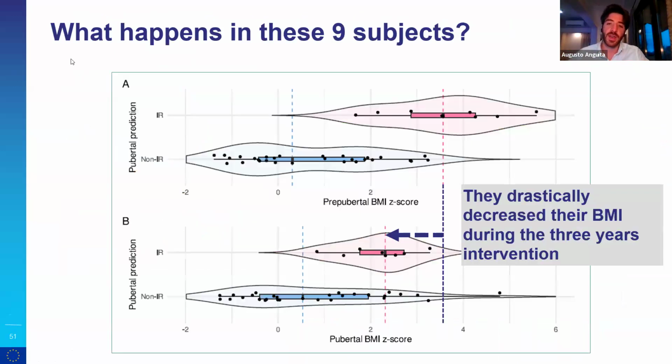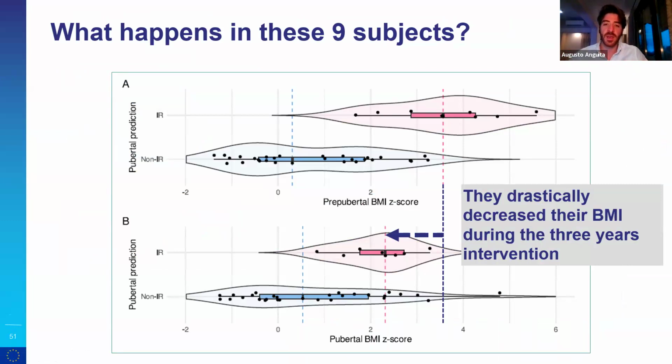Indeed, if we study what happened in these 9 false positives, this is the BMI. This is the prepubertal BMI, which is the one that we are using to make the prediction. And this is the pubertal BMI. And we see how they drastically decreased their BMI during the intervention.